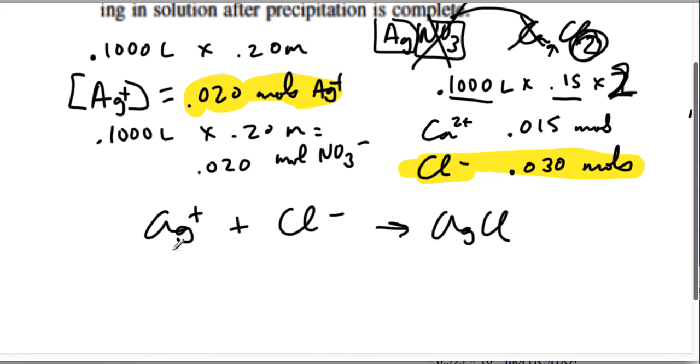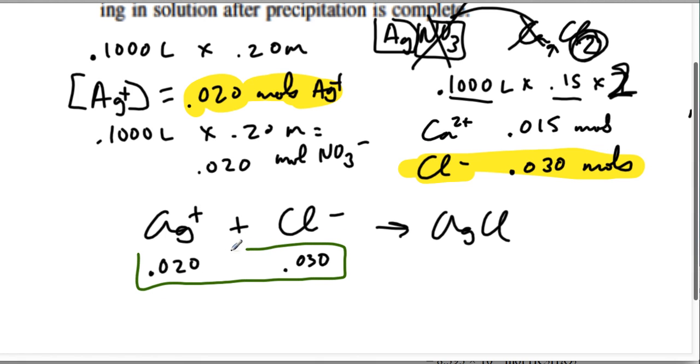So when I plug them into this problem right here, I'm going to go 0.020 and 0.030. Now, looking at this point, I can compare the number of moles of each. And since the coefficients are 1 and 1, I know my limiting reactant is going to be silver. Since that's my limiting reactant, I'm going to use all of it.